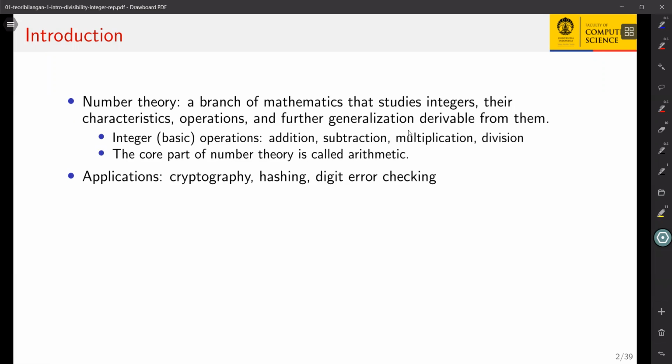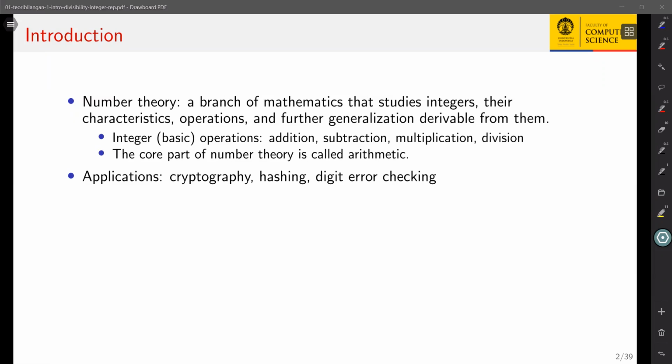When we talk about number theory, we essentially focus on integers. So let me just put a note here. The focus of number theory is integers.